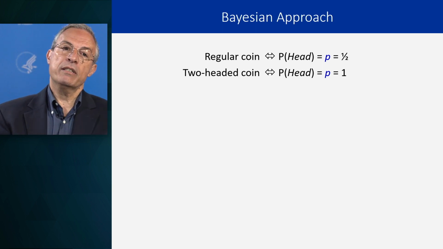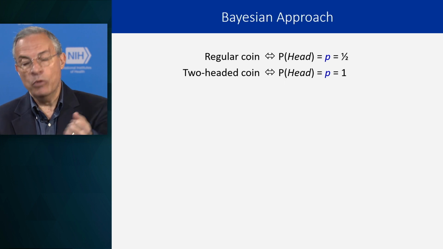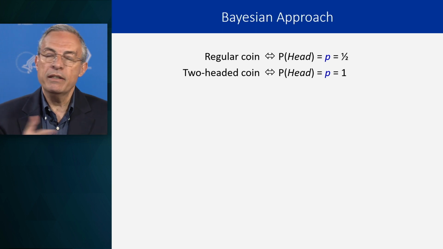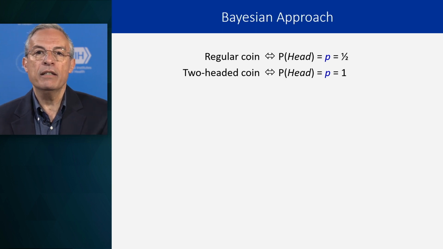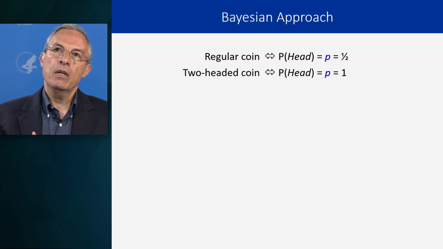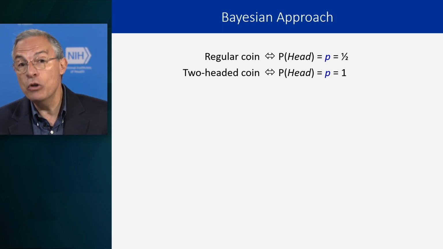The frequentists say, no, once you pick the coin, and that's the one you're tossing, there's no probability, there's no distribution, there's no chance. You either have the regular coin or the two-headed coin. There's no probability. The Bayesians say, well, yes, I picked it and it's determined, but I don't know what it is.